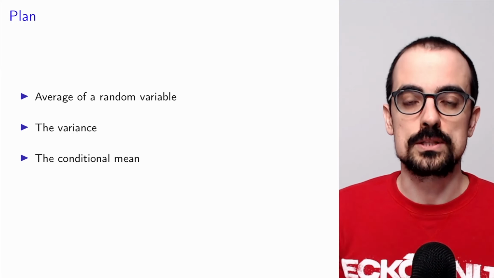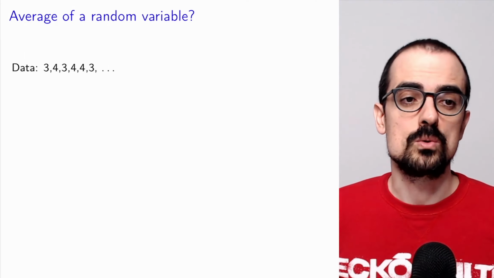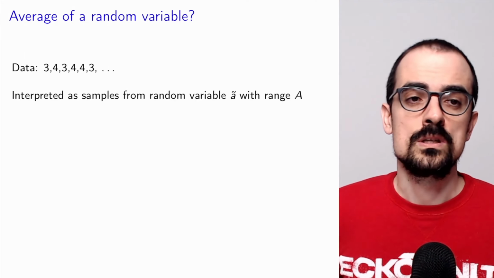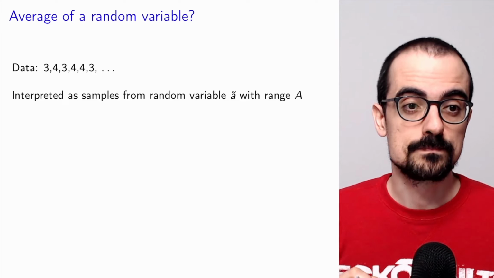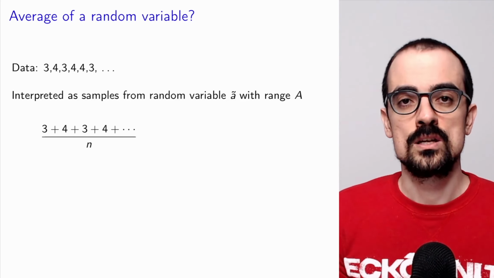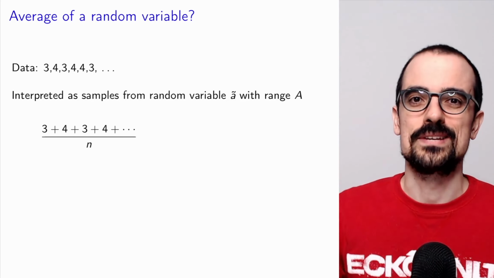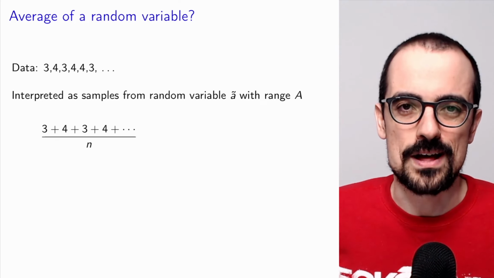So in this example, we have data that can be either equal to 3 or 4, and we're going to interpret it as samples from a certain random variable A. Now we would like to define a notion of average that applies to the random variable A instead of specifically to the samples. In order to do that, let's assume that we have many samples from this random variable.